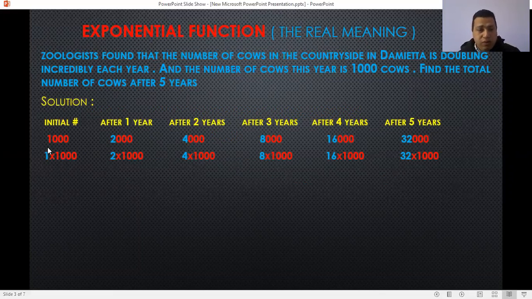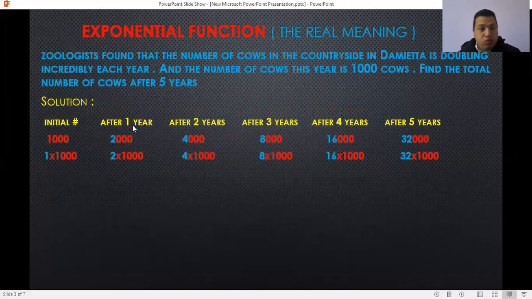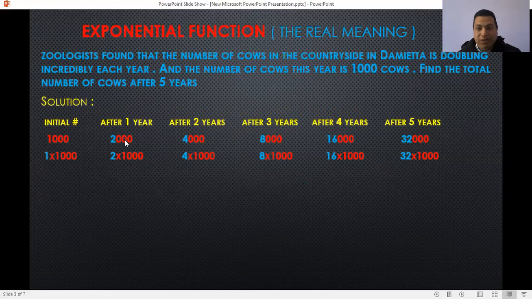And if you look carefully at these numbers, the relation between 2 and 1, and 4 and 2, and 8 and 3, and 16 and 4, 32 and 5. Actually, you will find out that these numbers, 2, 4, 8, 16, 32, are the base 2 raised to the number of years, multiplied by 1,000.